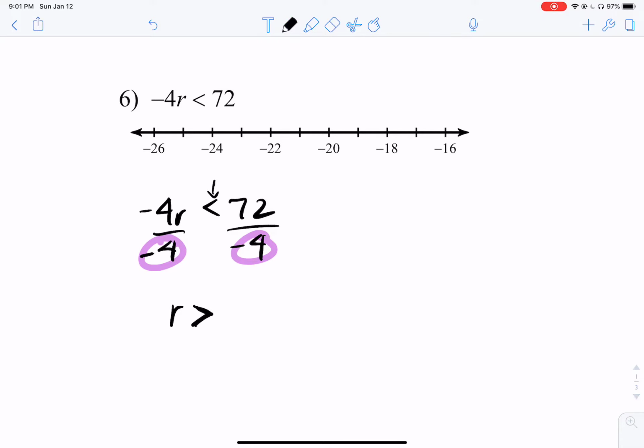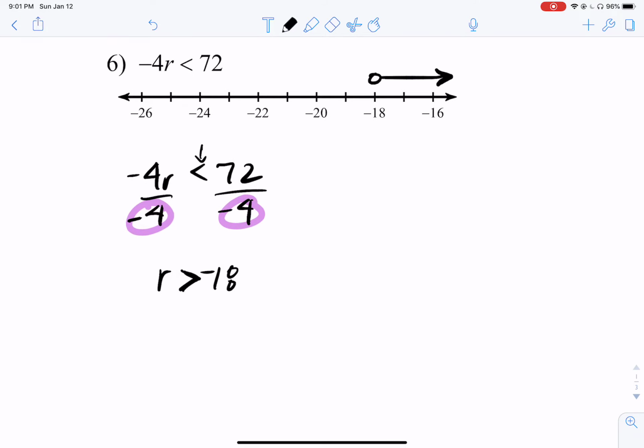So it's going to be r greater than negative 18. We're going to put an open circle because it doesn't have an equal sign. And all the numbers greater than negative 18 are the numbers to the right.